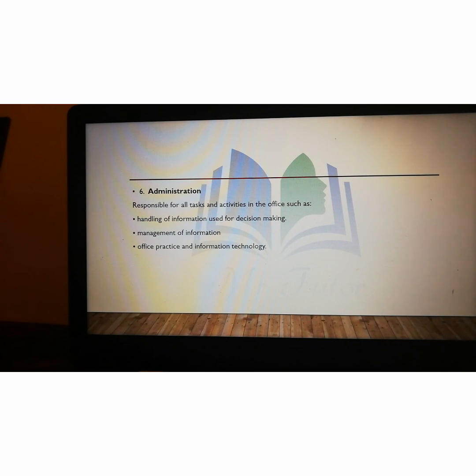And the last task for this function in the business is to ensure that there is enough office practice and information technology. For example, we are living in the digital world. So things like your laptops, your software that people send emails with, Gmails, your Excels for spreadsheets, these are important for the business.